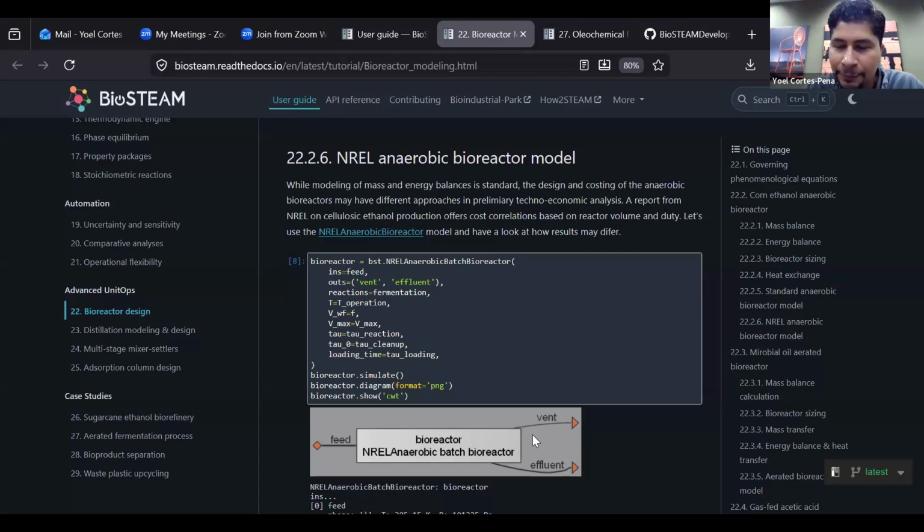So if, for example, you're producing 3-hydroxypropionic acid or acetic acid, ethanol, and a number of different bioproducts, or your feedstock is some of the same feedstocks that we've modeled before, then you can go to the Bioindustrial Park and copy or import some of those processes that are already there for separation, pretreatment, and so on.